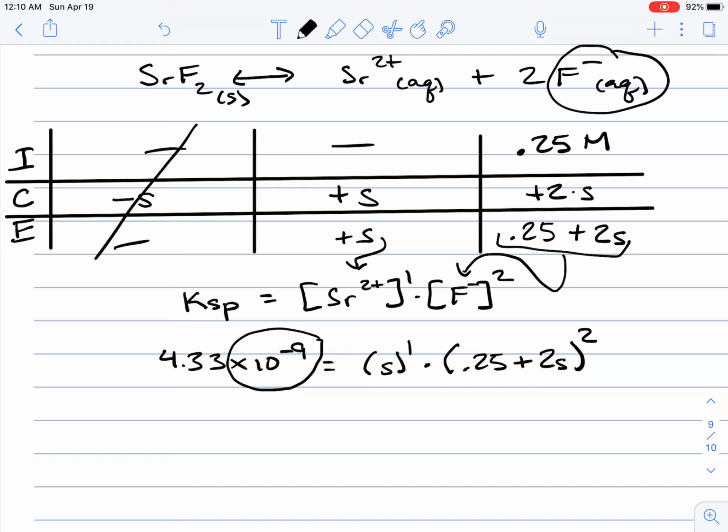This is telling me that if I have an actual concentration value, such as 0.25, and I'm comparing it to this change, because this is times 10 to the negative 9, this change is so small that it will not change the value that it's being compared to.